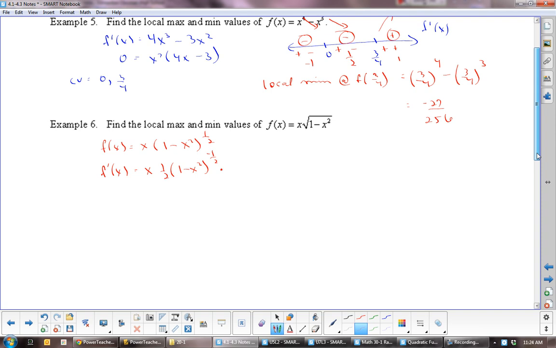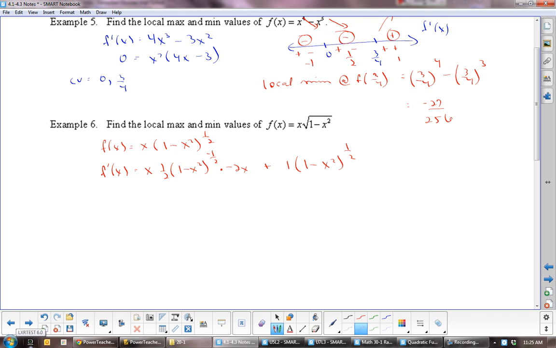What would be the derivative? -2x, good. Plus the derivative of the first, which is 1. You don't have to put it in there, but it helps me remember that I actually took the derivative of that. So this is the product rule: first times the derivative of the second plus derivative of the first times the second.